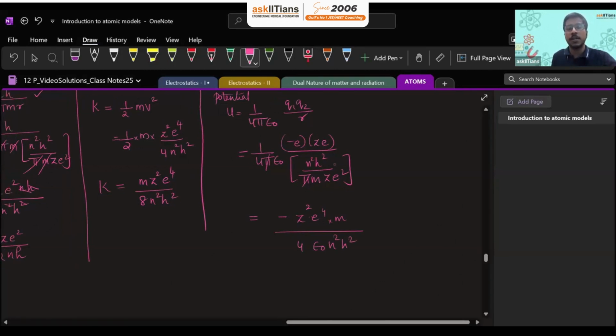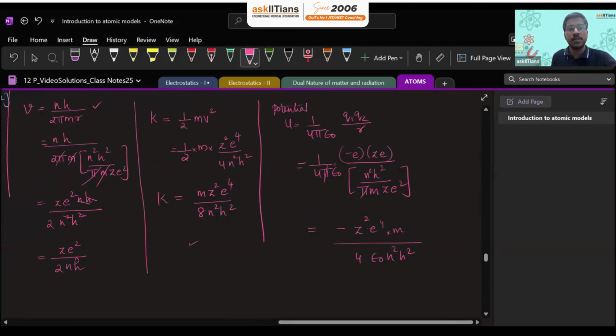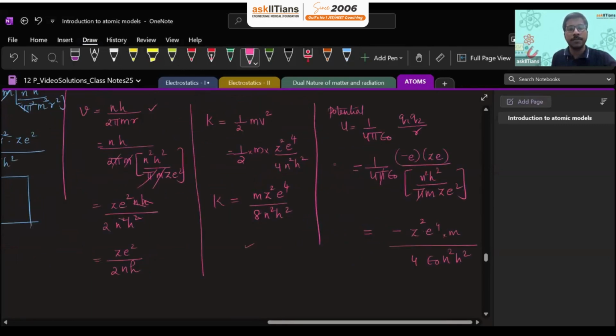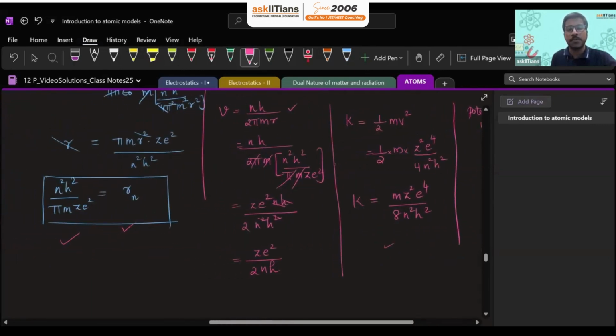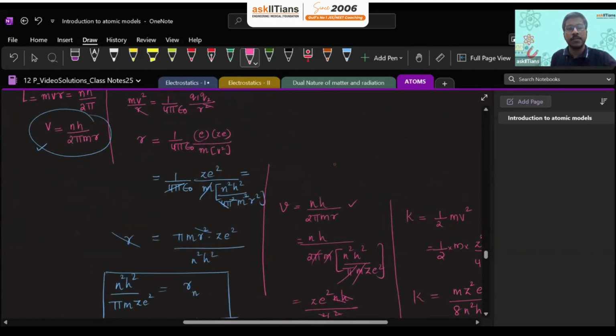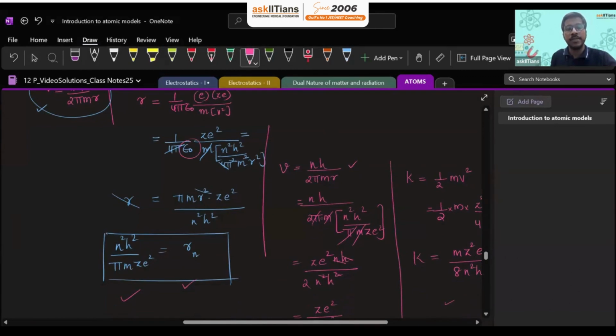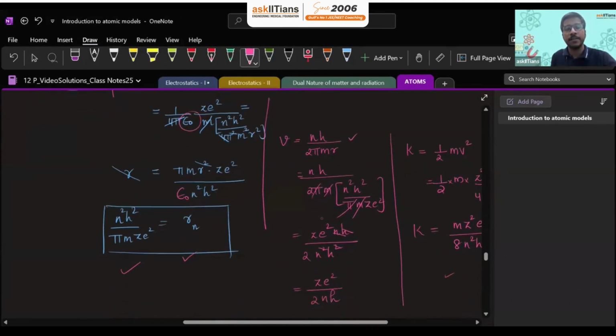But there has to be an epsilon naught here as well. Did we forget any epsilon naught over here? Let's quickly check it once. So we have velocity as nh by 2 pi mr. Okay, there was an epsilon naught over here which we missed, so we can simply add it here.